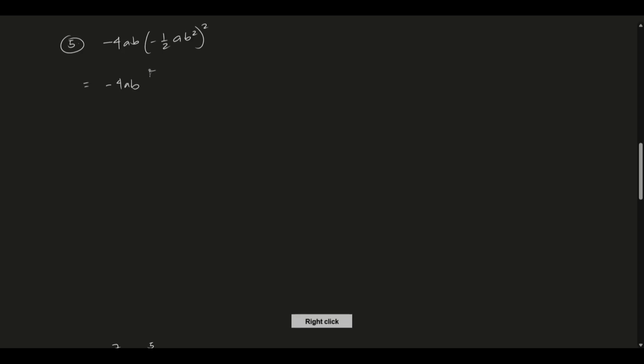So we have negative 1 half raised to the 2, then a raised to the 2, then b squared raised to the 2. So we have negative 4ab. Let's just copy this first.